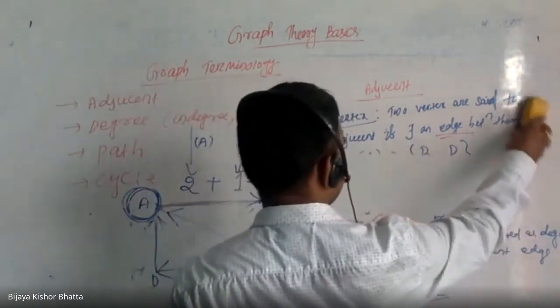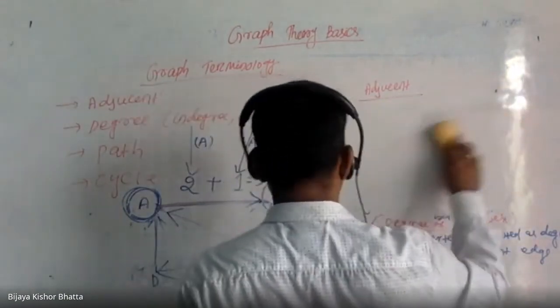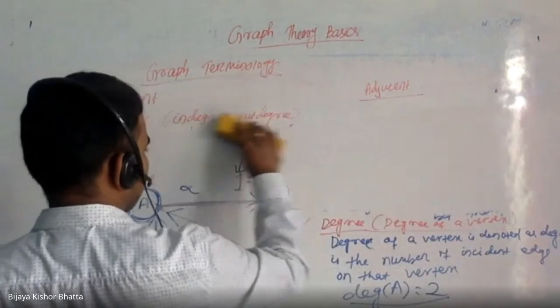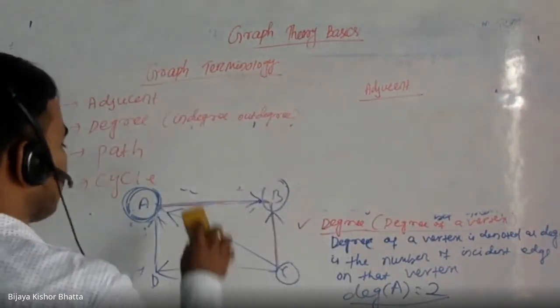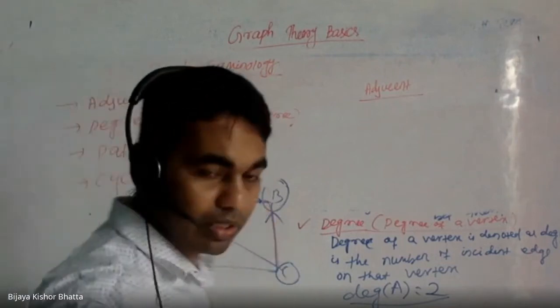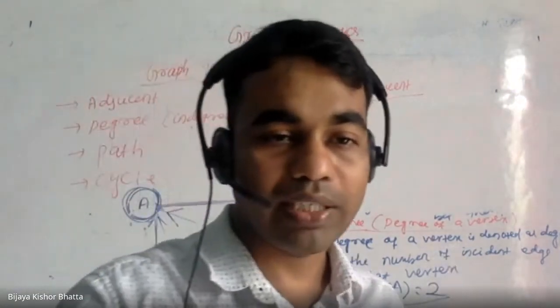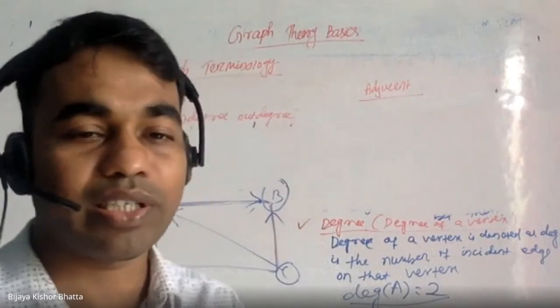Let me erase this. Now let's go for the next concept. We are done with degree, and now we come to the path. So what is a path? Path is nothing but a sequence of alternate vertices and edges.